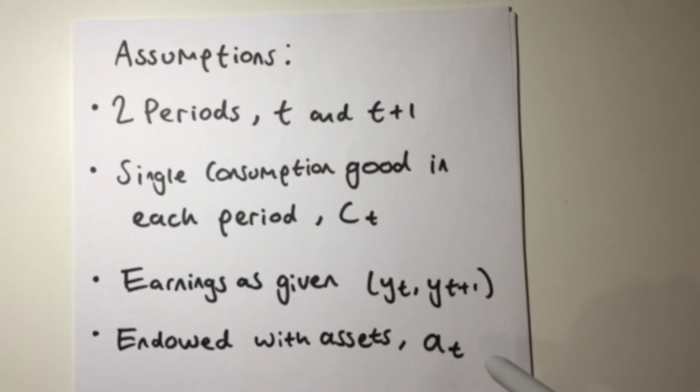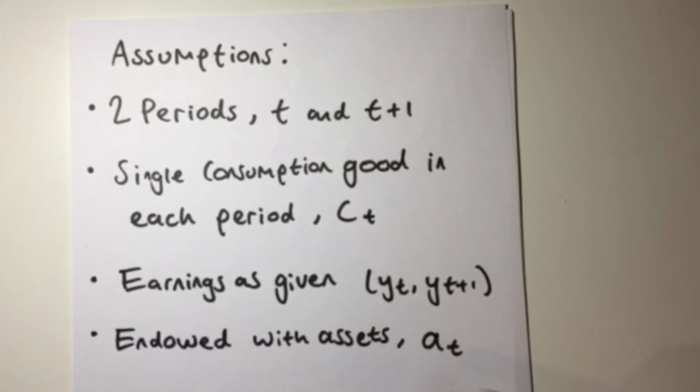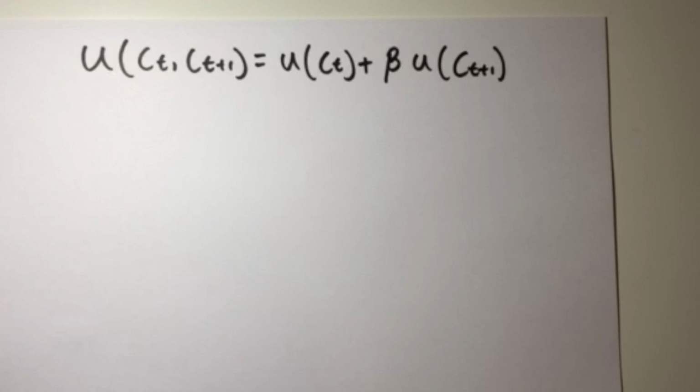And then last but not least, in the very first period, but not the future period, our individuals are going to be given assets, and we're going to denote these assets At. So there's going to be no At plus 1 because they're only given these assets in the first period and not the second period.